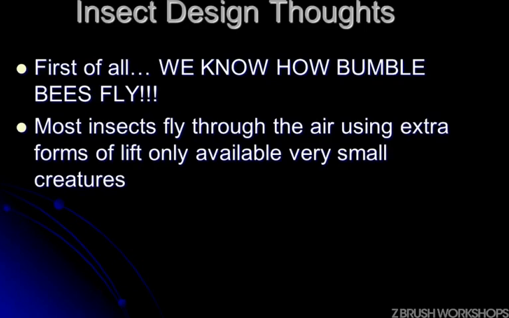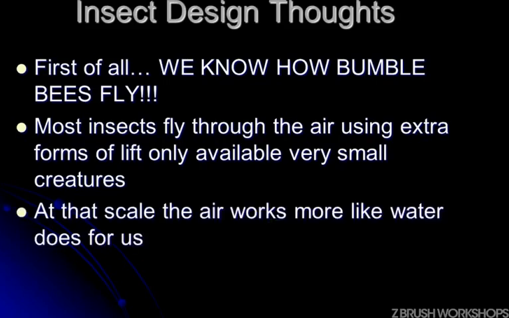And the reason we know how they fly, because we can study them now in super slow motion and in little smoke-based wind tunnels and stuff like that, is that insects fly through the air using forms of lift that are not available to things that aren't incredibly small. And because of that, they really don't work too well for flying people or flying dragons or flying anything else.